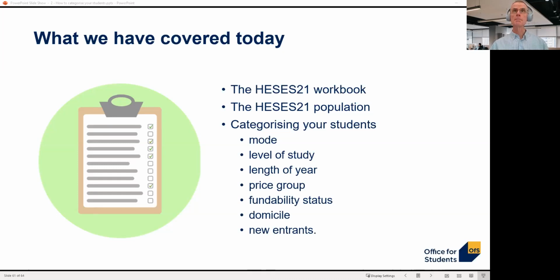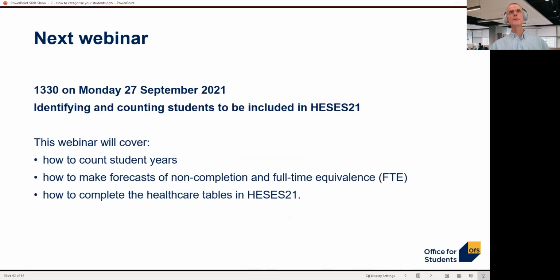You can, of course, go back and look at the recording of this webinar, which should be up in a day or so on the OFS events page. And as I say, the next webinar will also feed into and augment your understanding of what's going on here. That's going to be on Monday at 1:30, the same time, and the theme there is identifying and counting students to be included in HESES21.